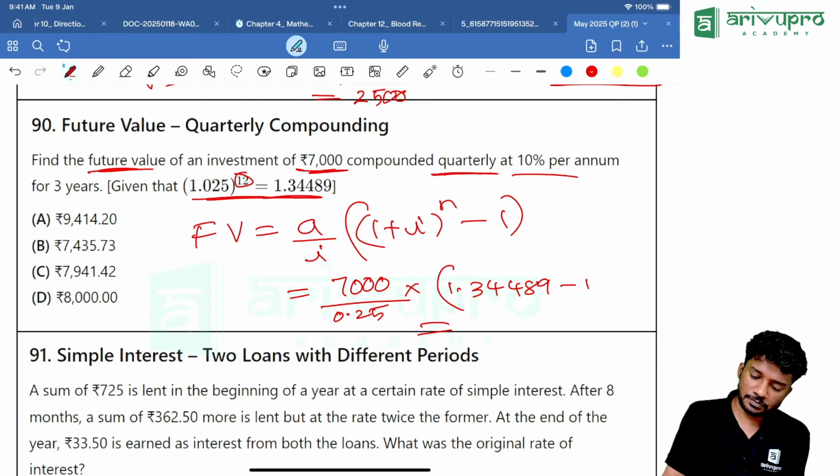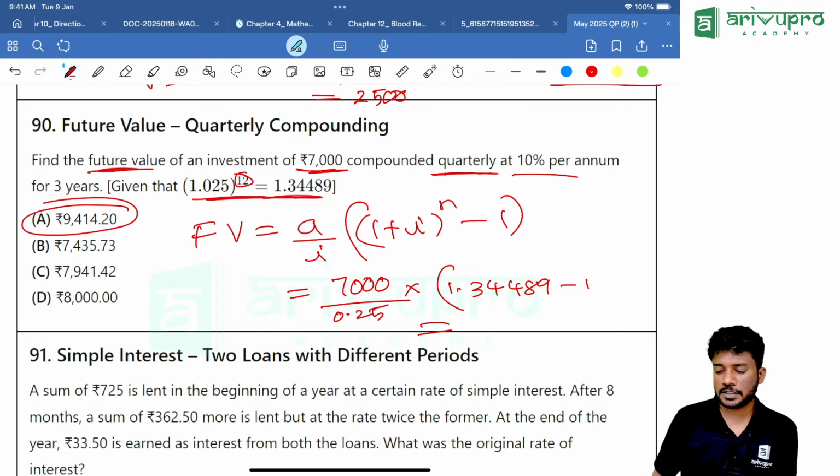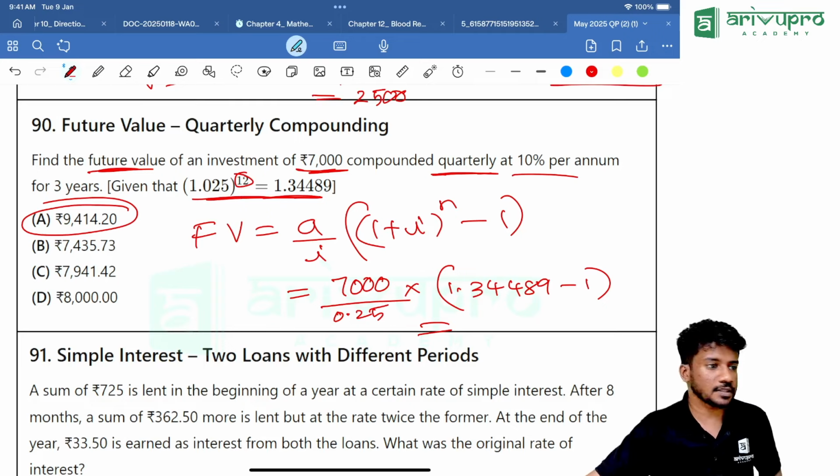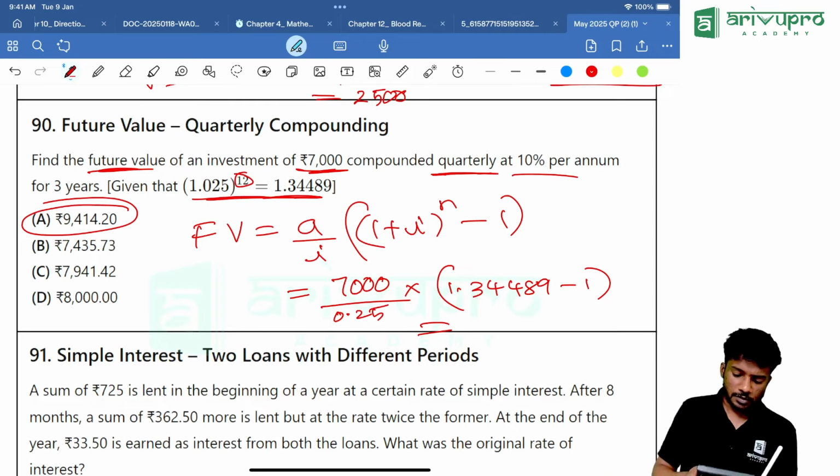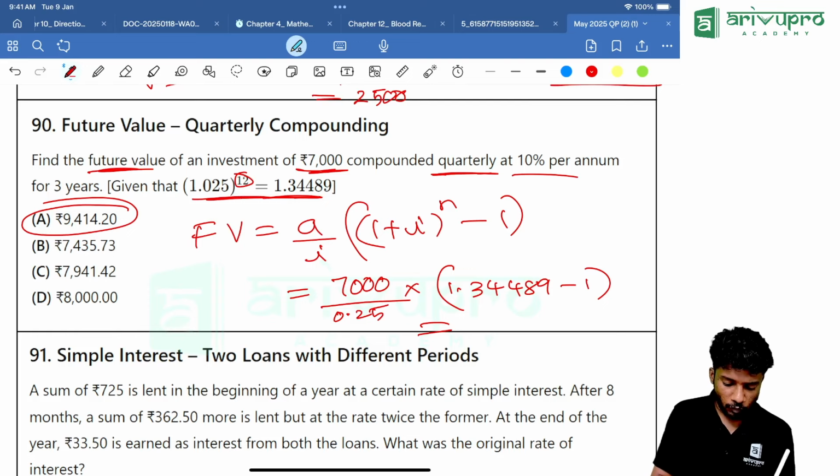Option E. Yes. Everyone got the same answer? Everyone reduce it. It will become 0.34489 into 7,000 divided by 0.025. Did someone get a different answer? 1.34489 minus 1, multiplied with 7,000, then divided by 0.025.